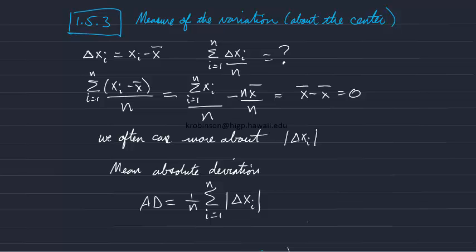Now, a more common way to measure the variation within a sample or a population is referred to as the variance, or the square root of the variance is the standard deviation.